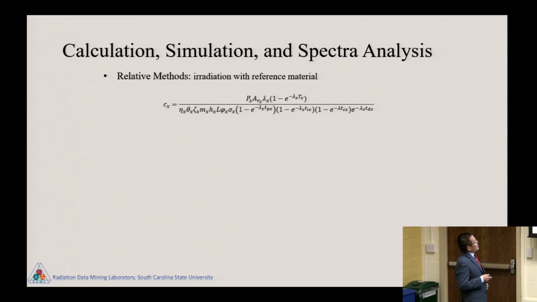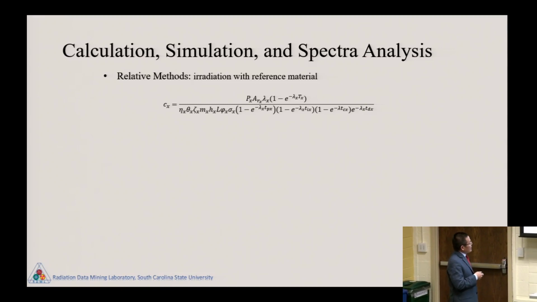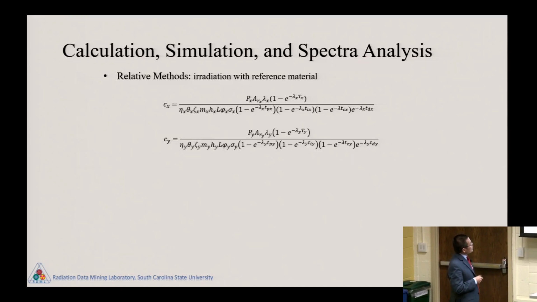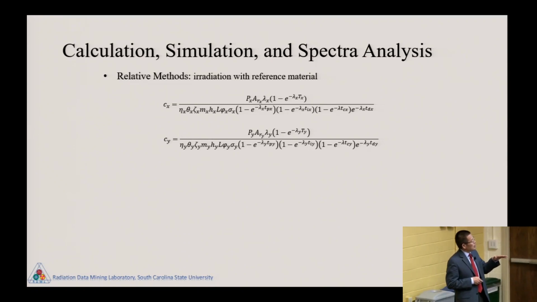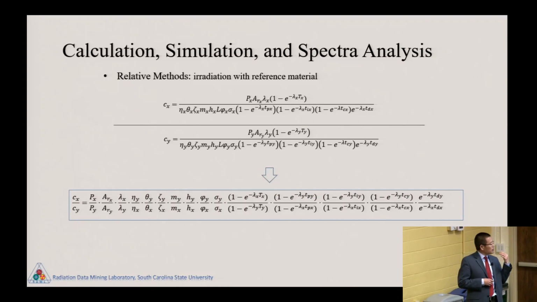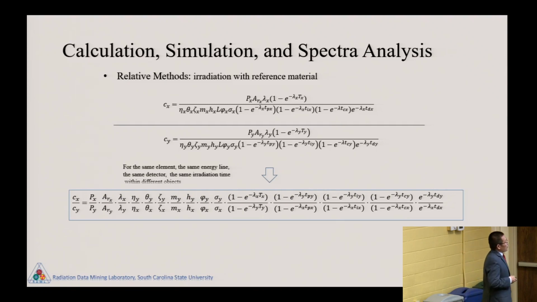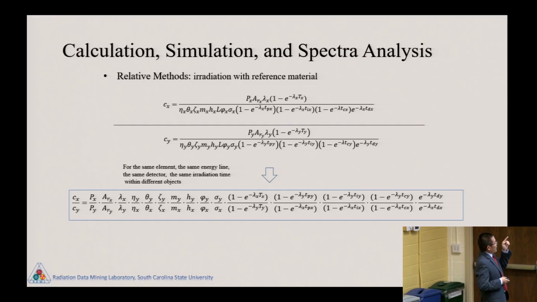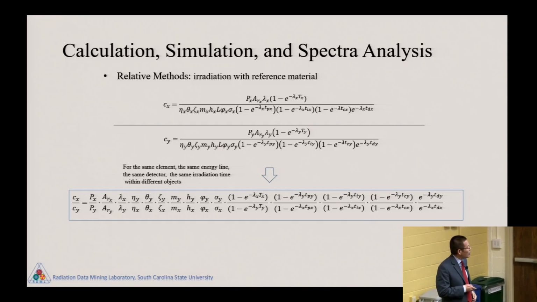When you have a reference material for element X, you get this. For element Y, you also get this, and you divide them. You get a more complicated equation, but for the same element, same energy line, same detector, and same irradiation time, with two different objects, one your reference and one your sample, a lot of things just cancel.